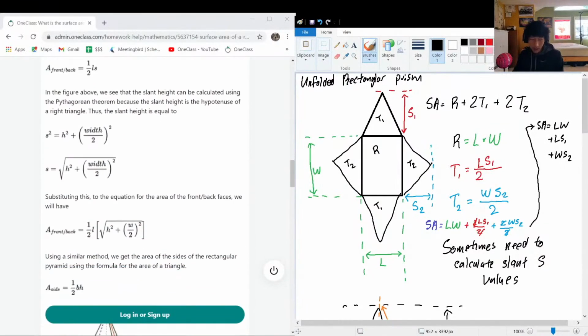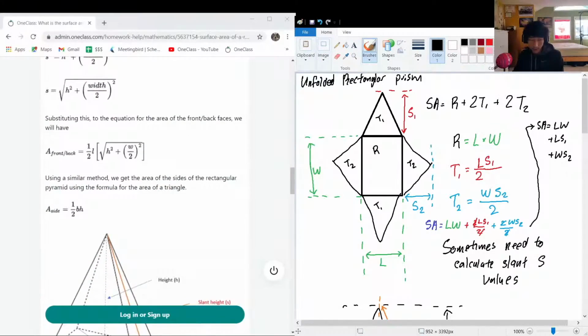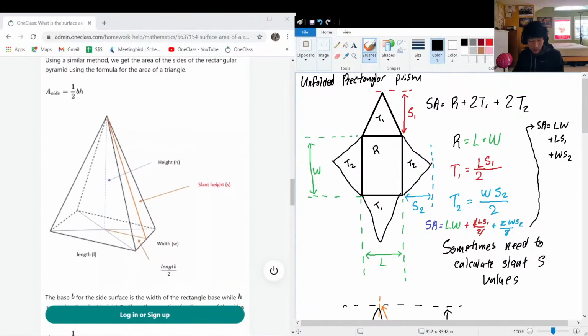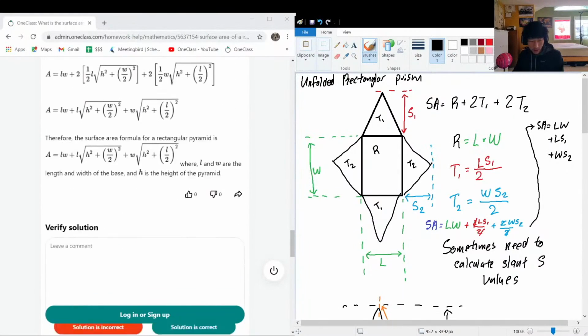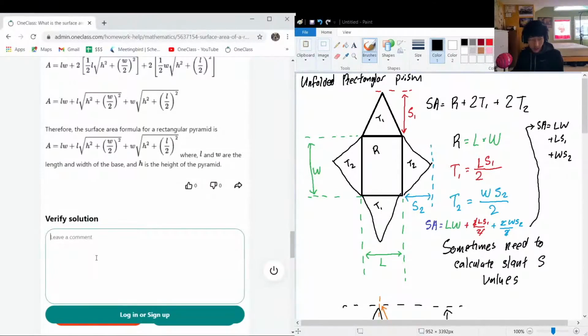Okay, and they got precisely the same answer, so this solution is great. The above solution is good.